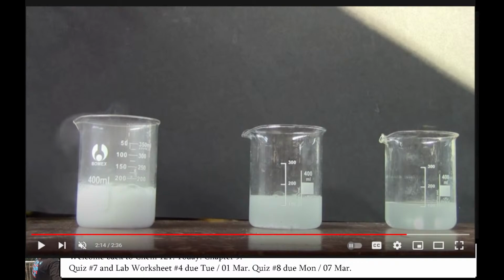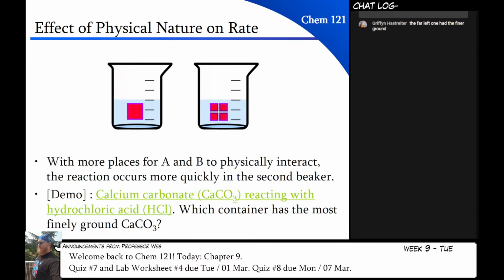Tell me what you think. Which one has the finest ground powder based on what you saw for the rate of the reaction? Far left one is finer ground, and that's not just because you saw it was finer ground when they poured it in, right?